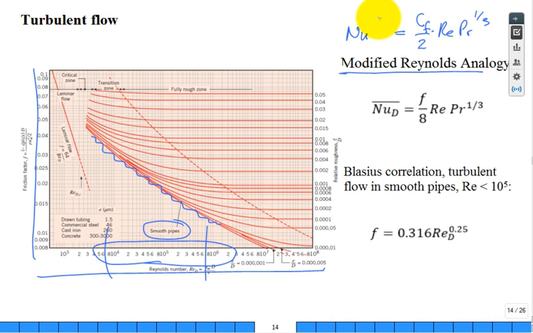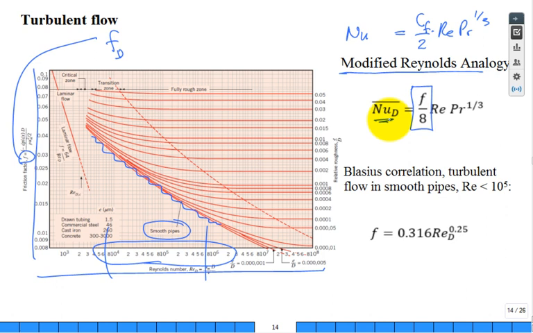So we're interested in using this equation, but what is the difference between C sub F and F? The Fanning friction factor and the Darcy friction factor: a factor of 4. So sometimes I'll write the Darcy friction factor divided by 8 times the Reynolds number times the Prandtl to the 1/3 is equal to some Nusselt number.